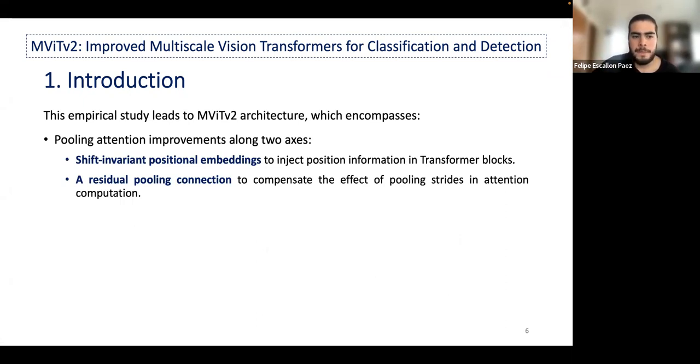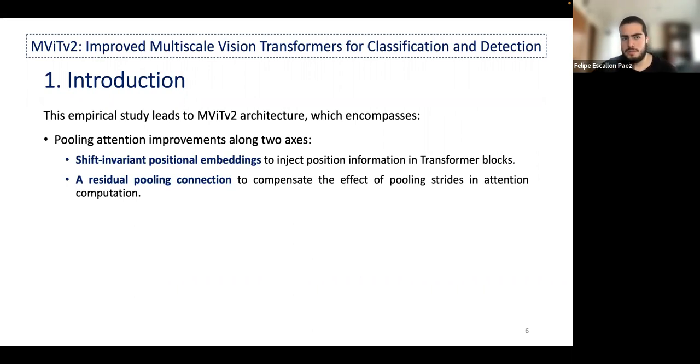And second, the residual pooling connection: they made a lot of experiments using all the possible residual poolings to compensate the effect of these strides that they make to shorten these tensors.